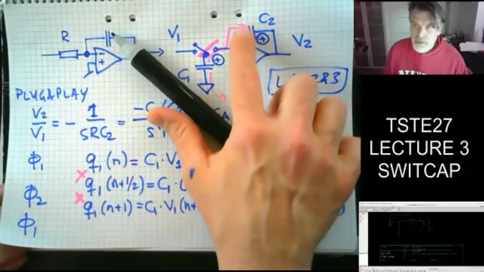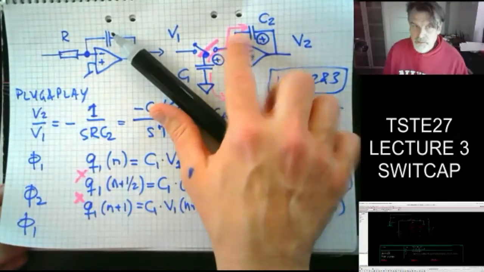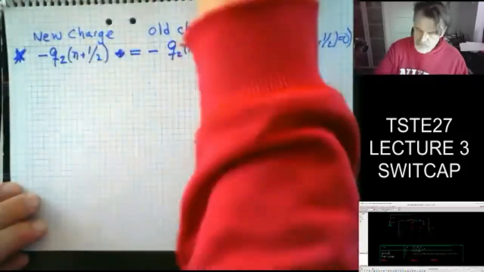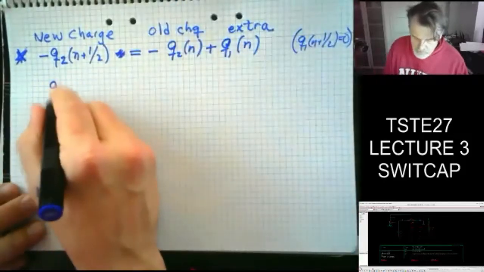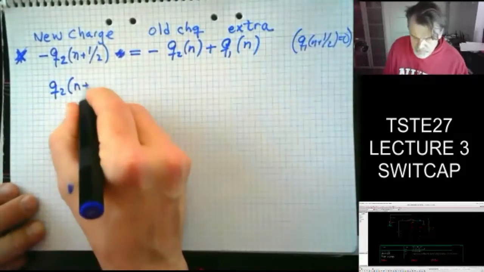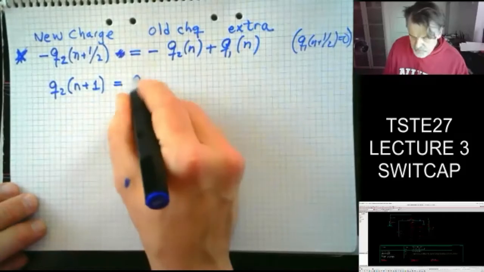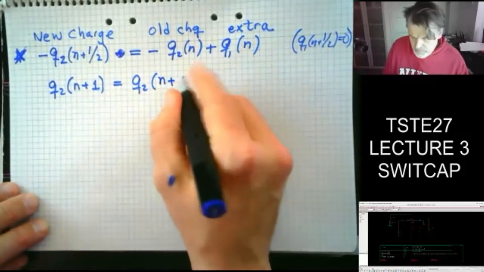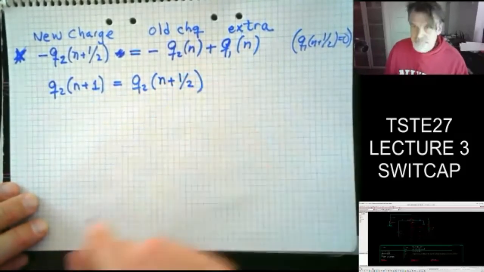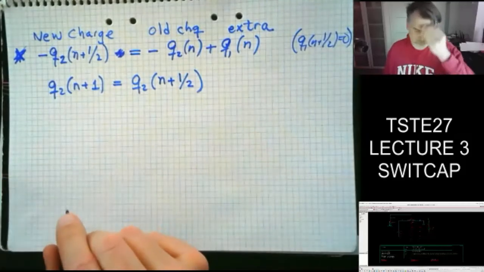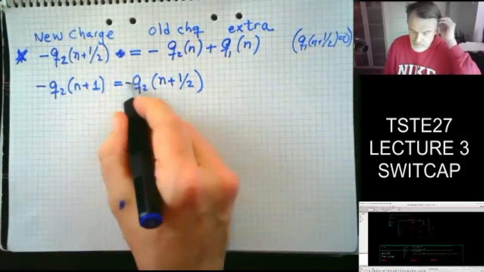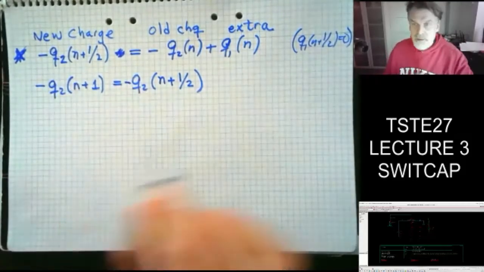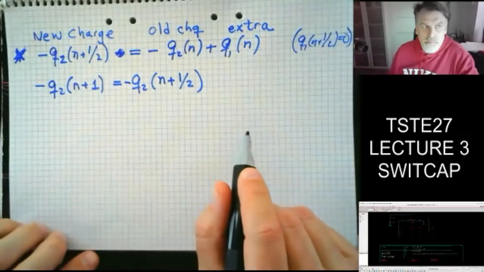C2, however, will keep its charge on that plate. For C2, I could argue then that Q2 of n plus 1 is equal to Q2 of n plus 1/2. One could argue that it's the negative plate that's conserved, but it doesn't matter in this case. It'll be the same on both sides.